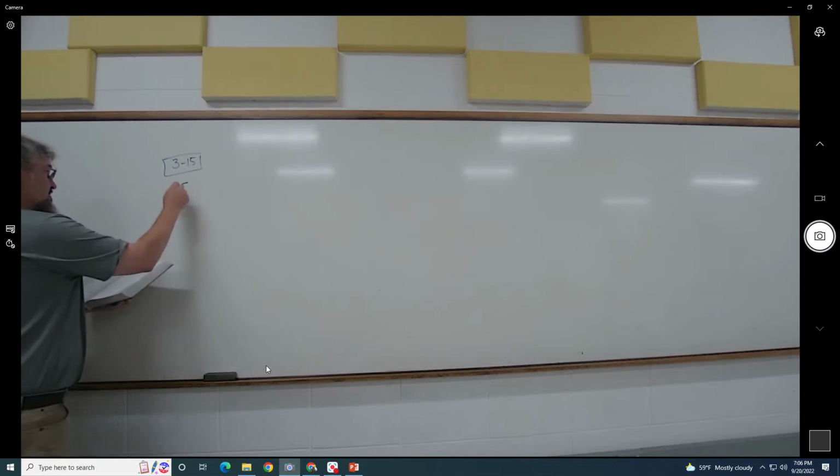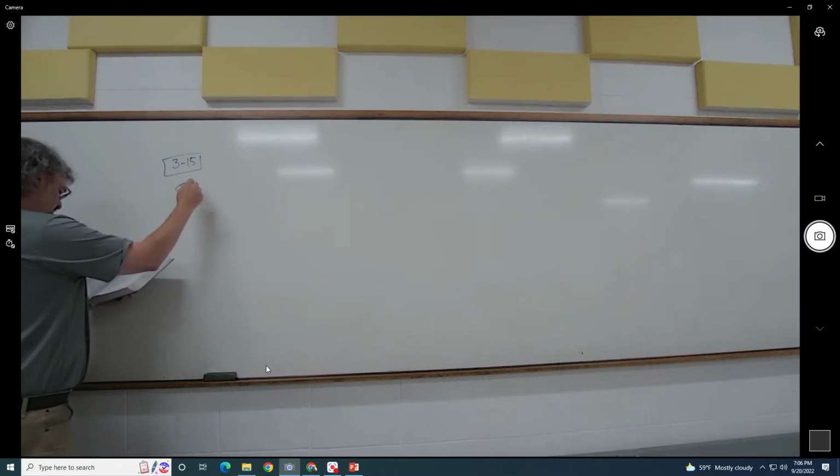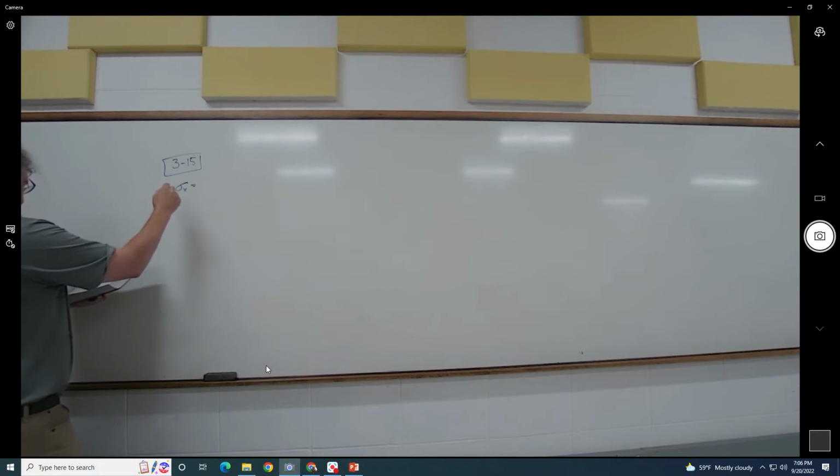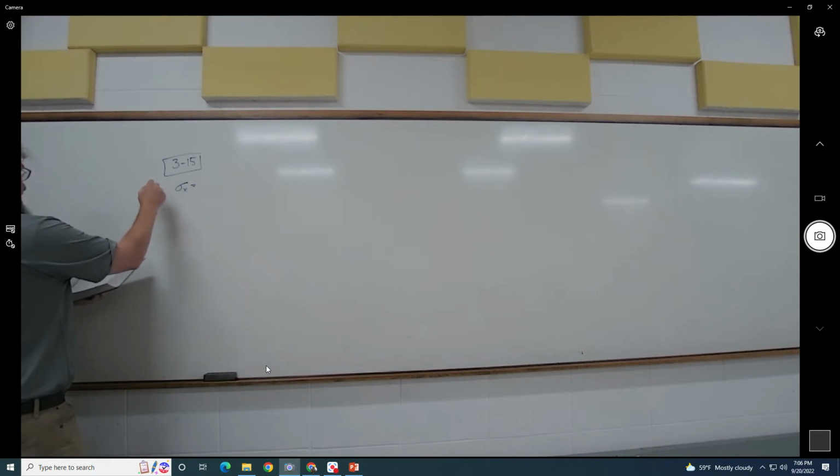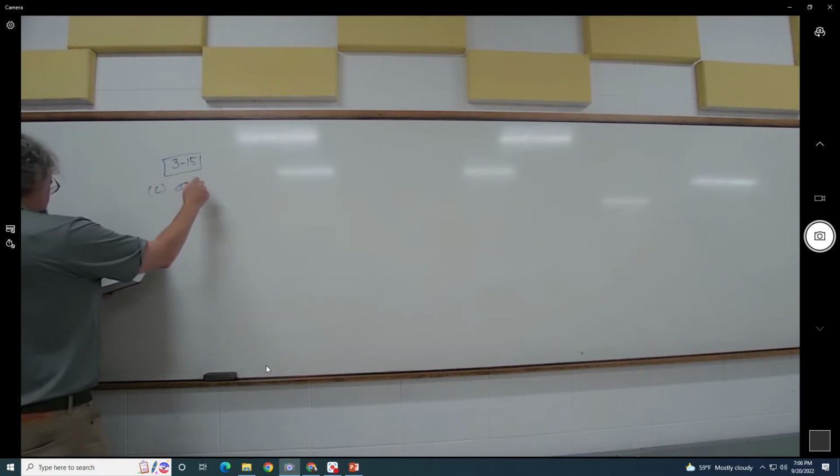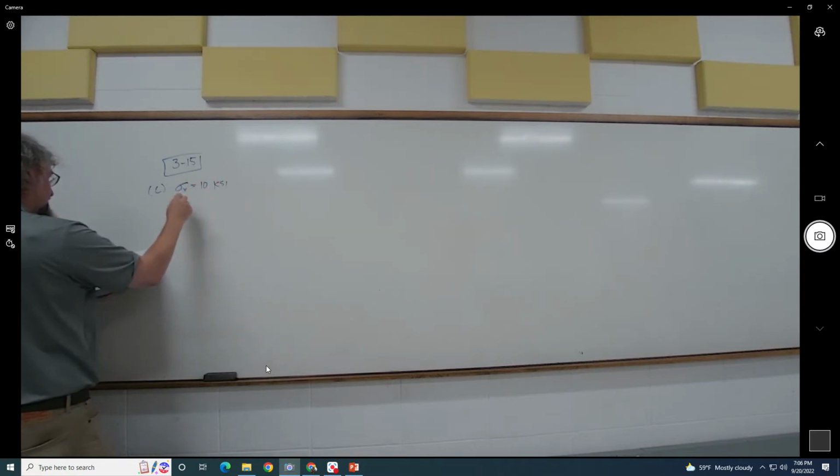I'll pick problem 3-15, part C. Sigma x is equal to 10 KSI, they call it KPSI, which I think is silly.